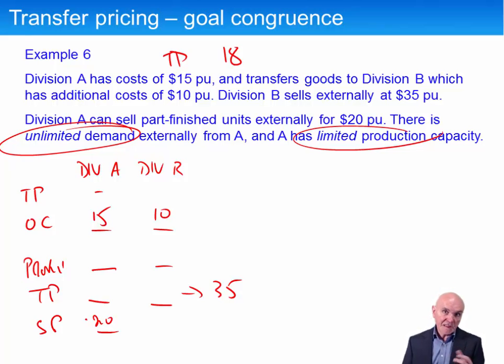The difference with this example is that you could sell all of your production outside at 20, because your production is limited, and outside demand is unlimited. In the previous example, our production was unlimited, outside demand was limited. So we could do everything we wanted to in the previous example. In this example, because our production is limited, we can't do everything we might want to do.